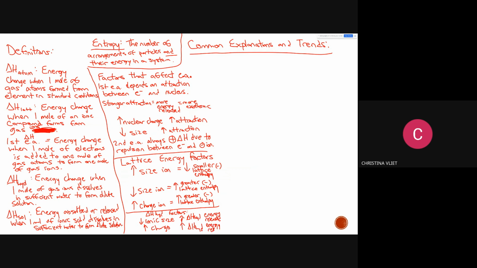So you should see a pattern. The greater the size, the less energy is released. The smaller the size, the more energy is released. The greater the charge, the more energy is released in all of these scenarios: electron affinity, lattice enthalpy, and delta H hydration. It's the same factors. You can use it to explain all of them.